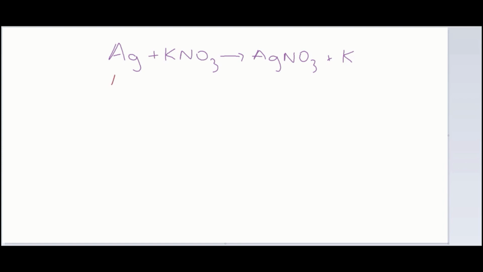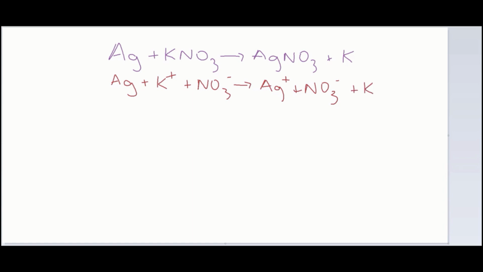So my net ionic, I'm going to start off, I've got silver all by itself reacting with my potassium ions, so K+, and it's K+ because KNO3 is soluble, plus my nitrate, so NO3-, and that's going to produce, AgNO3 is going to break up, so my silver ion, so Ag+, plus my nitrate ion, NO3-, and then my potassium, my K.